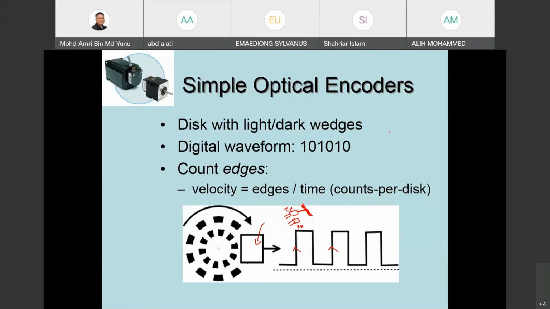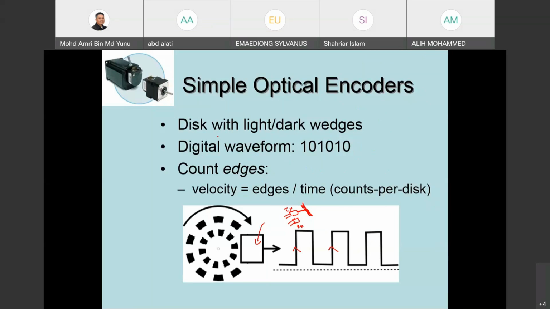So basically light will not be reflected on that surface. So it has a stripe or checkered pattern on the disk.